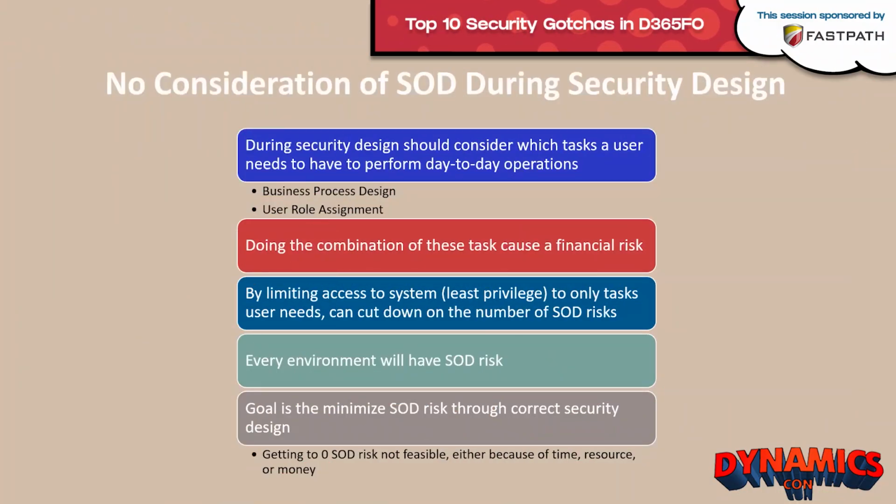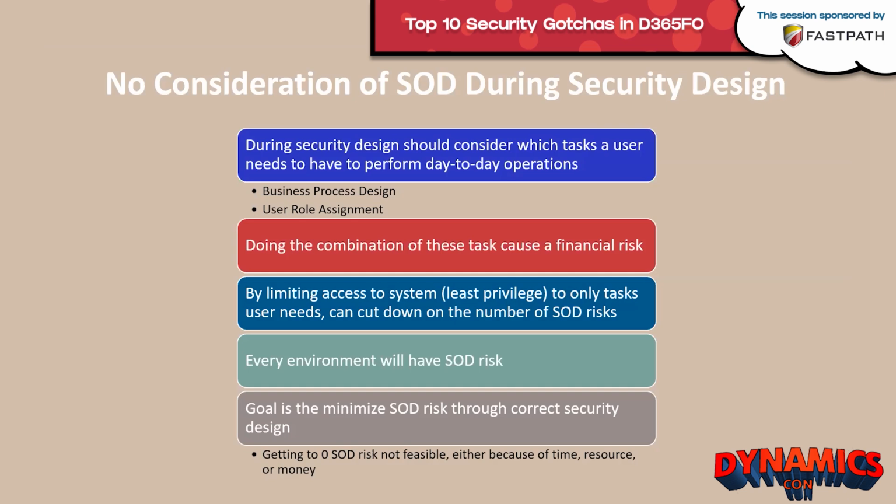All right, the next one we're going to look at is that normally during a setup when you're doing your security design, actually trying to develop your segregation of duties conflicts, or keeping those in mind during that process, doesn't really happen. And so you want to make sure that during your security design, you're considering which tasks the user should perform in their day-to-day operations.